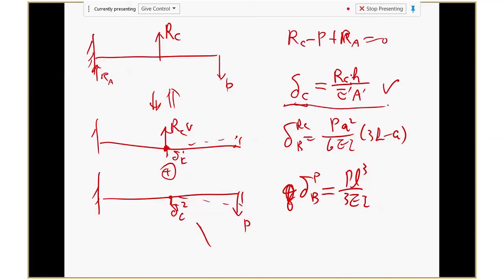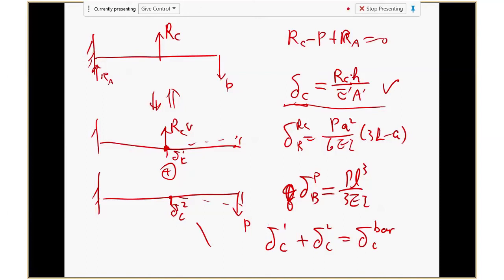So the compatibility will be delta C1 plus delta C2 equals the delta C of the bar or the cable. That's your compatibility. All right. Okay. Any questions now?